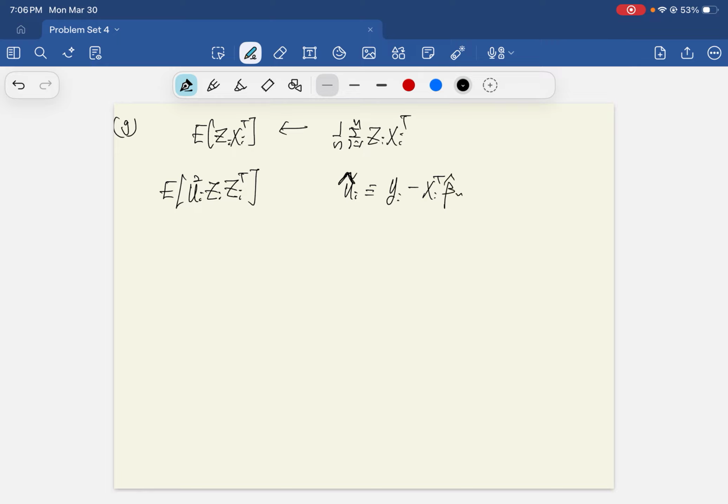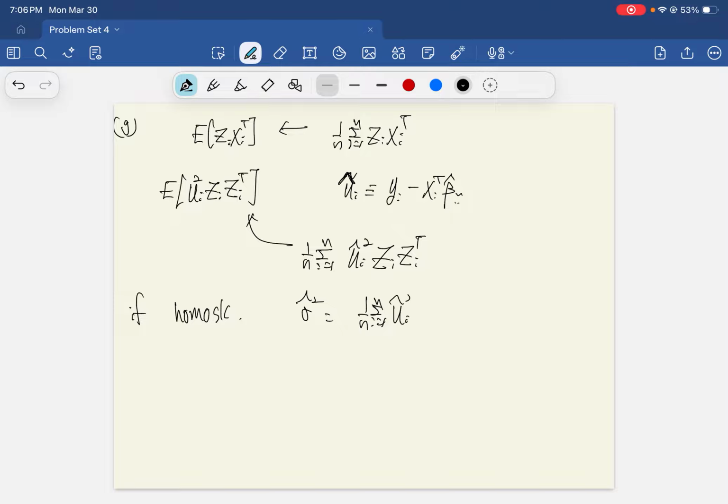After you estimate beta hat, we are calculating the variance, so you may use beta hat. So then the whole thing will be replaced by u hat squared times zi zi transpose. And if homoscedastic, then you can estimate sigma squared using this. So that is also possible.